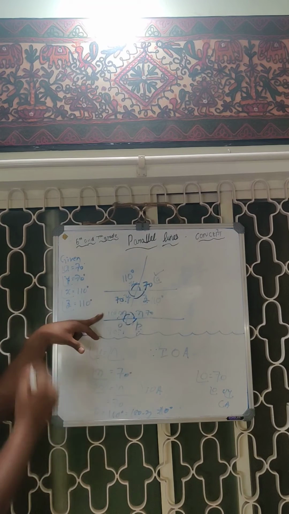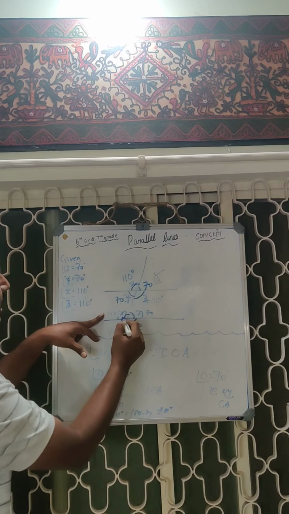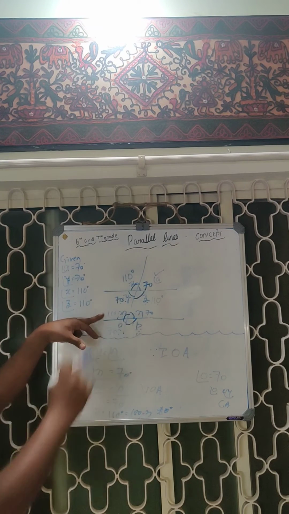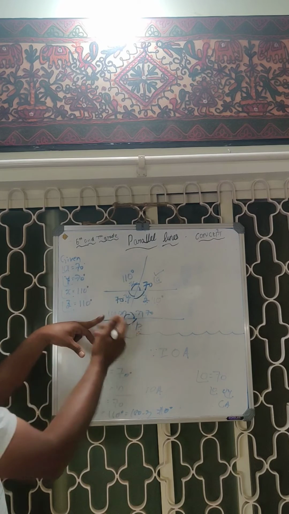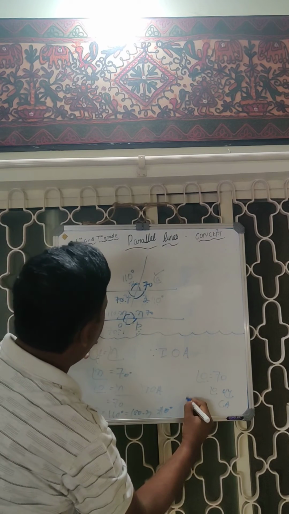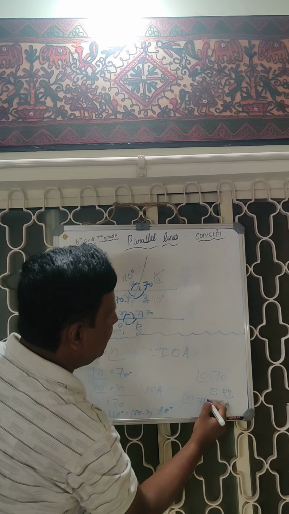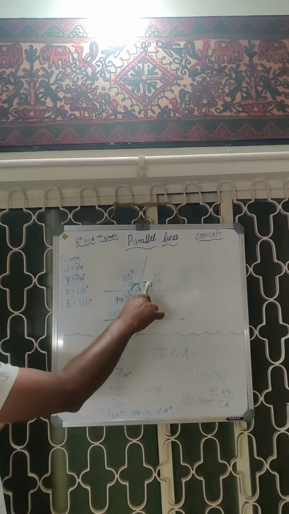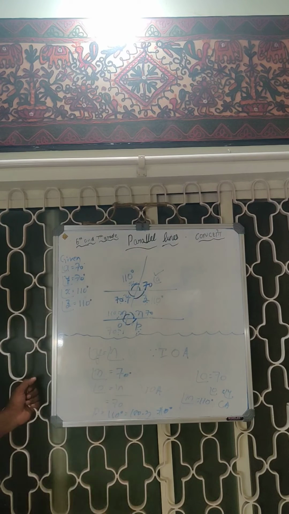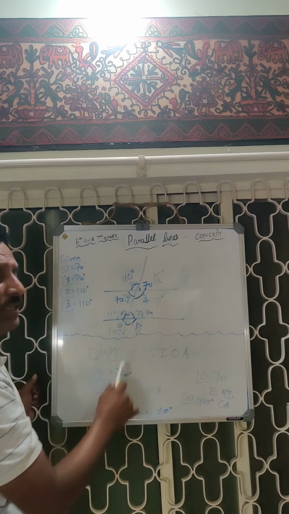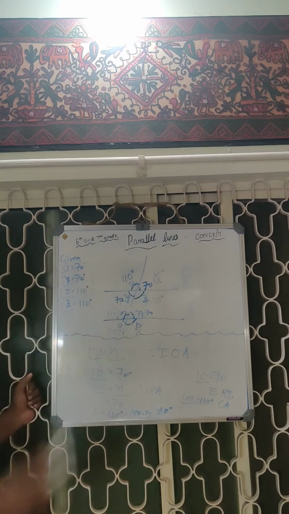X and M are corresponding angles. Therefore M is equal to X, 110 degrees. So with different relations we can find the values of different angles. So with this, given one angle, all other angles can be found when a transversal cuts two parallel lines.